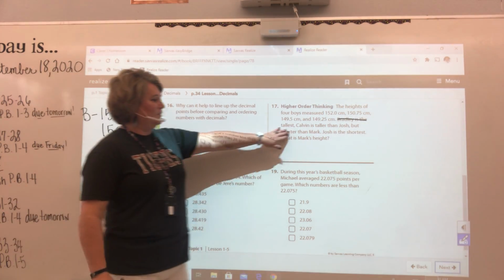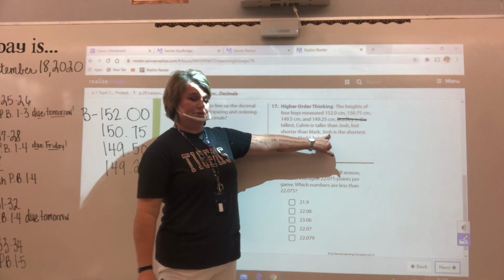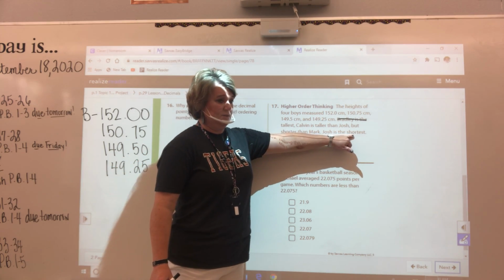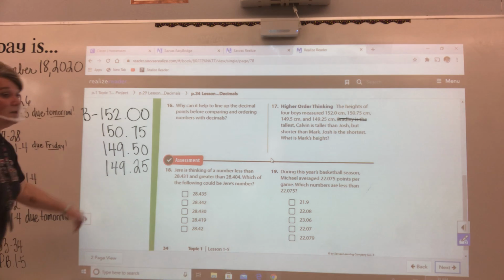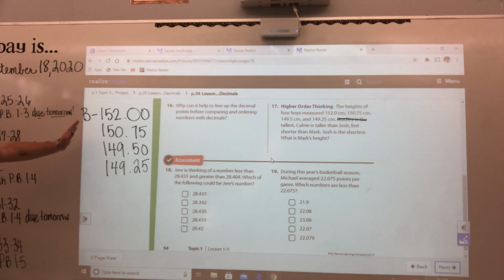Let's skip this middle part and go right to Josh. What does it say Josh is? Shortest, meaning the smallest amount of money. So Xander, what's the smallest amount of money up there?